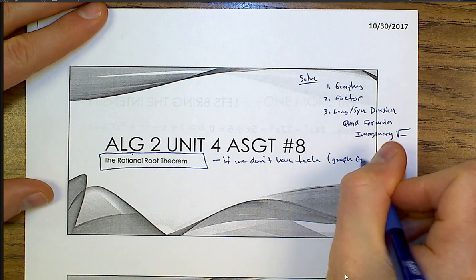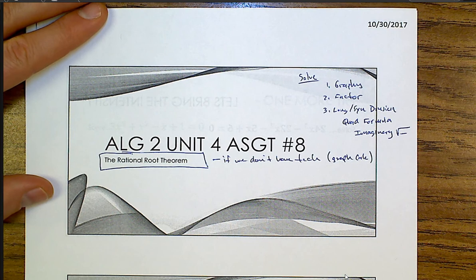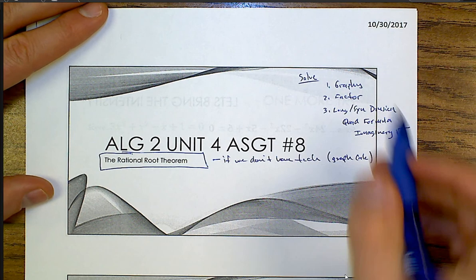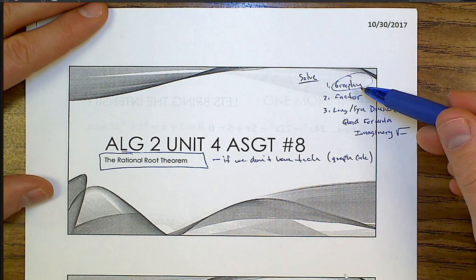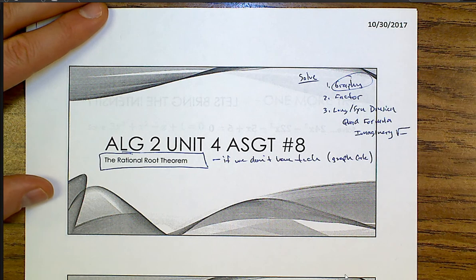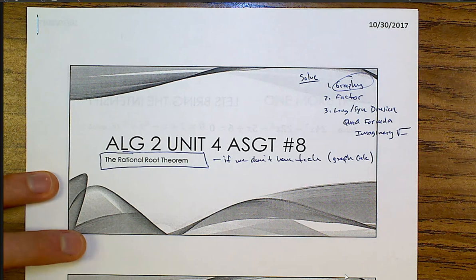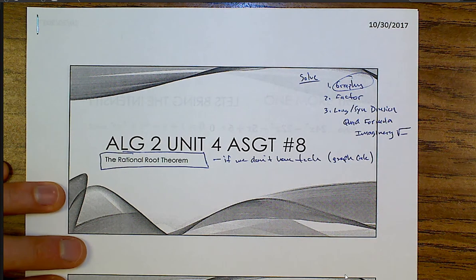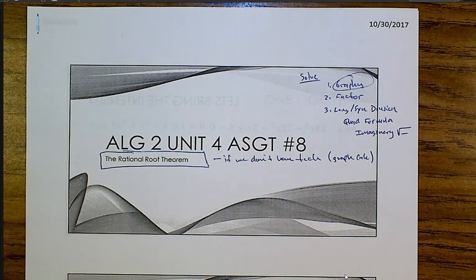Before graphing calculators existed, graphing wasn't an option. Graphing is nice: you put it in your calculator, see where it crosses the x-axis, and that gives you a solution, and then you can factor and use other methods to find the rest of your zeros. Well, what if we didn't have the graphing calculator? How would you find the solutions for polynomials? That's what the rational root theorem is.